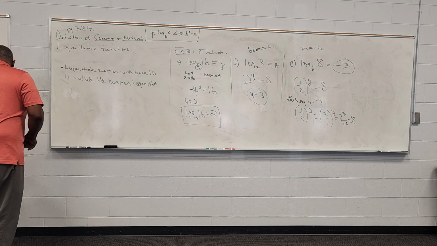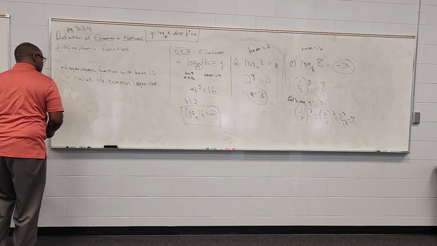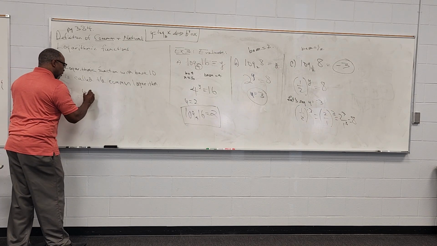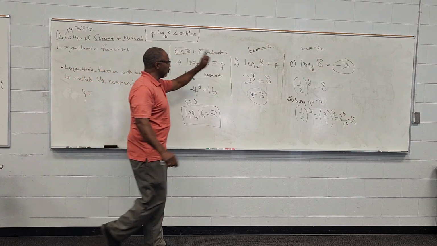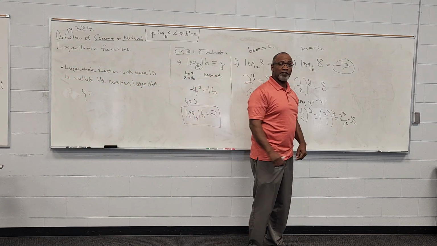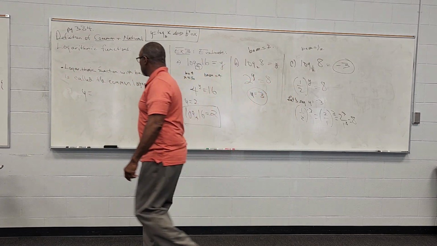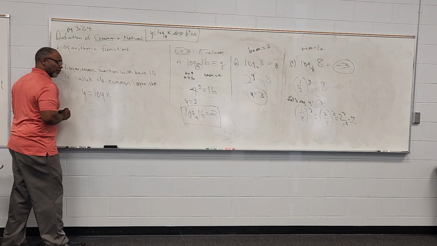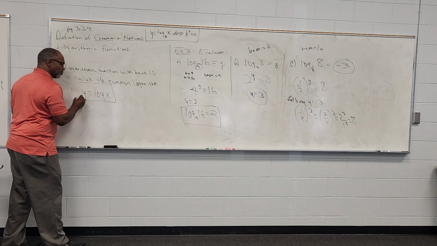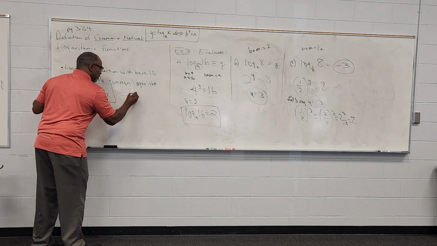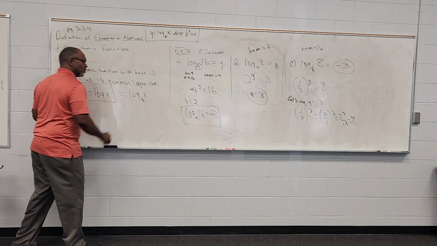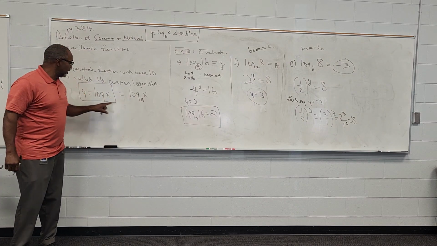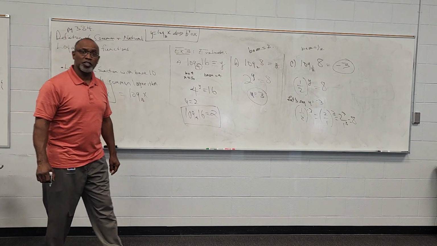The logarithmic function that has base 10 is called a common logarithm. And when you see, like right here, I wrote base 4, I wrote base 2, I wrote base 1/2. But it turns out that when you just see y equals log of x, that is the common logarithm. It actually means log to the base 10 of x. But if it's base 10, I don't have to write it. It's assumed to be a 10.